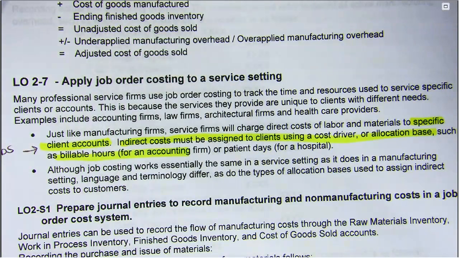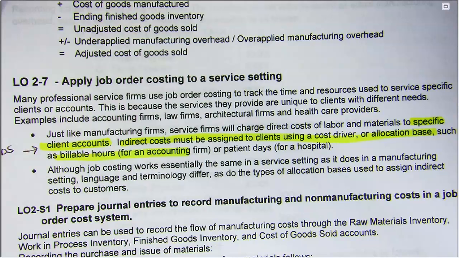However, instead of calling them jobs, we would call them clients. We would track costs based on clients or customers instead of by jobs. And for service settings, the primary driver is usually billable hours. A billable hour is the time that can be traced to a specific client or customer. That's similar to direct labor hours in a manufacturing setting.